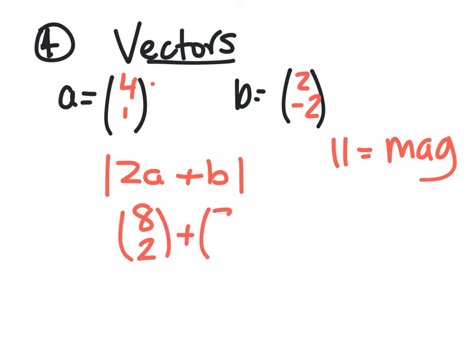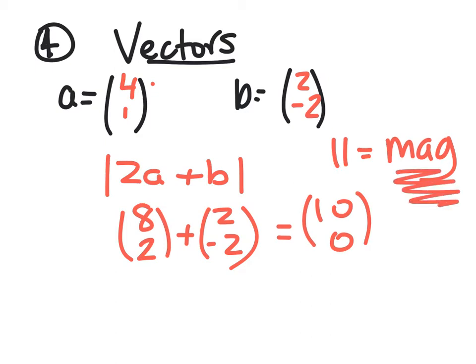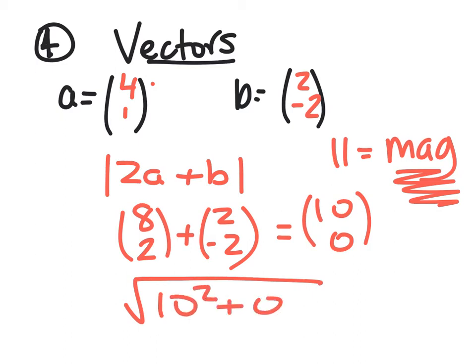Add on B, which is 2 and negative 2. So that gives me 4 add 2, 10. 2 add negative 2, 0. Once I've got that, to work out the magnitude, we just square each of those numbers and work it out. Okay, you've been doing those in class, so they should be quite easy for you. There's a few different ones there.